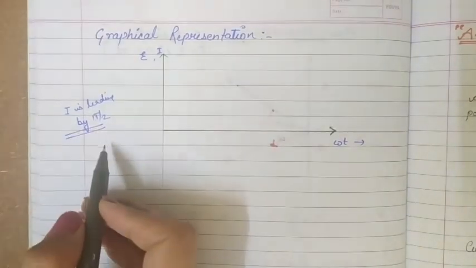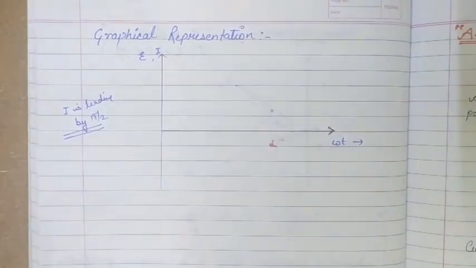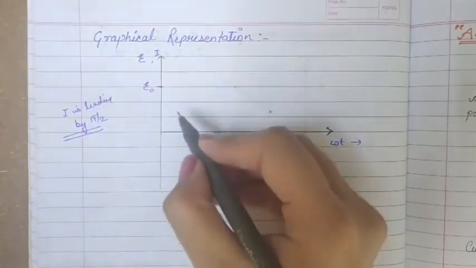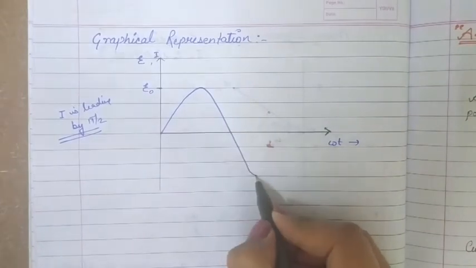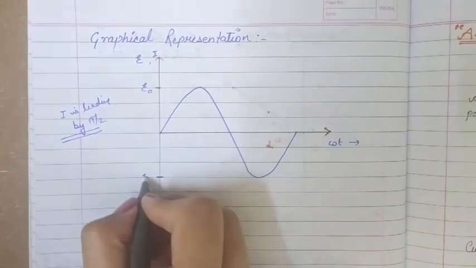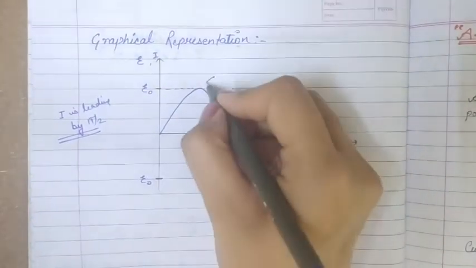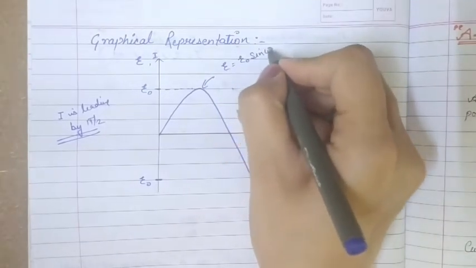So current में pi by 2 का addition है phase में, this we have to show. First we are going to plot the curve for EMF. Suppose this is the peak value of EMF, that is epsilon naught, then this curve will be like this. This is the peak value, and this graph shows epsilon is equal to epsilon naught sin omega t.